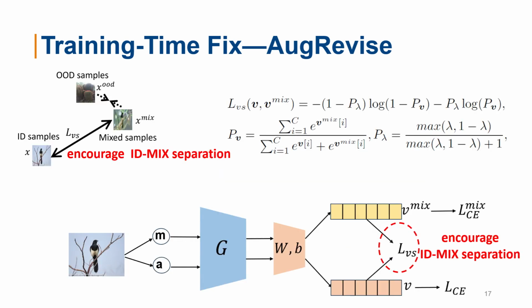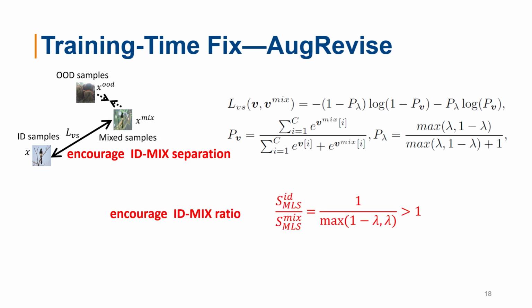We aim to introduce a new virtual separation loss, LVS, to encourage large separation between ID and mixed-up samples to fix mix-up. LVS is in the form of binary classification. It wants to ensure the ratio between ID and OOD maximal logits to be larger than 1, like this equation.